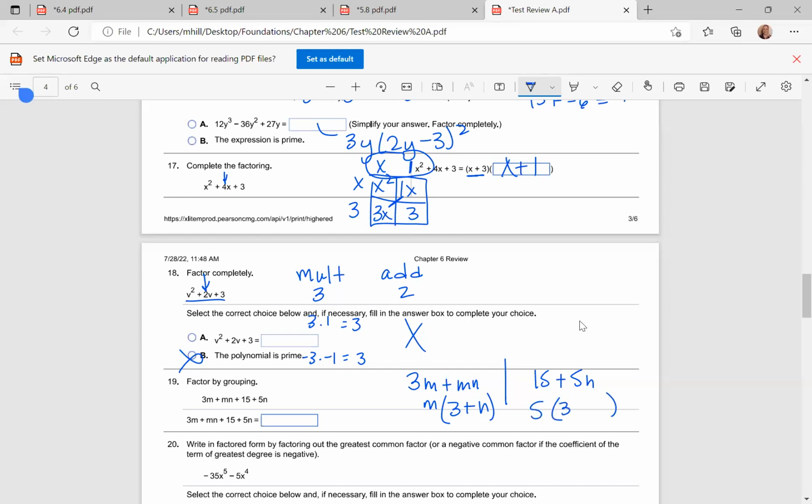So that would leave me with 3 plus n. 15 divided by 5 would give me 3. 5n divided by 5 would just leave me with the n, which is what we need, because we know that we would combine and get 3 plus n. And then we would put the m and the 5, so m plus 5.